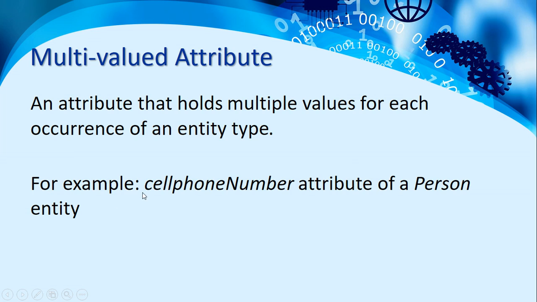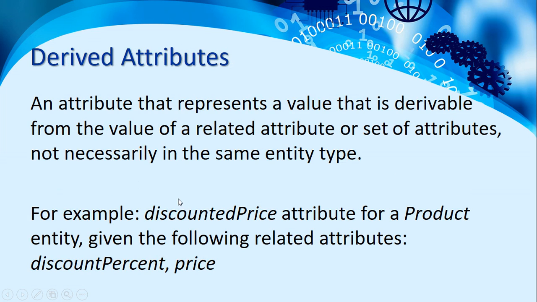Okay. Then we also have derived attribute. So it is an attribute that represents a value. So yung value ng attribute na to is derived, nakukuha galing sa value rin ng mga related attributes or set of attributes, but not necessarily in the same entity type.